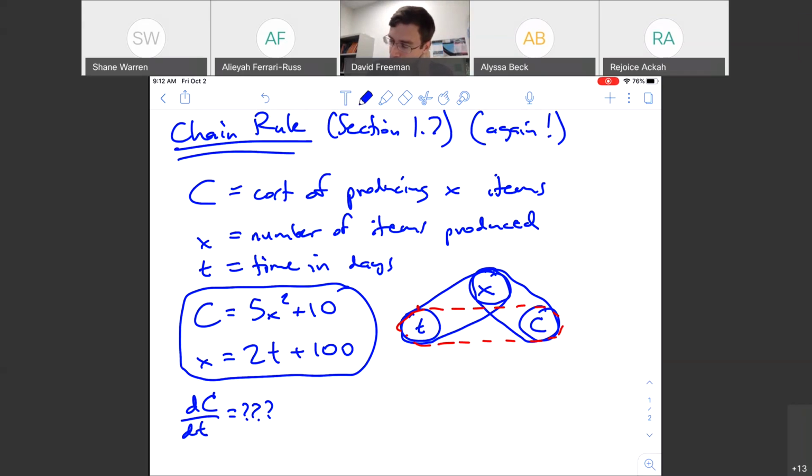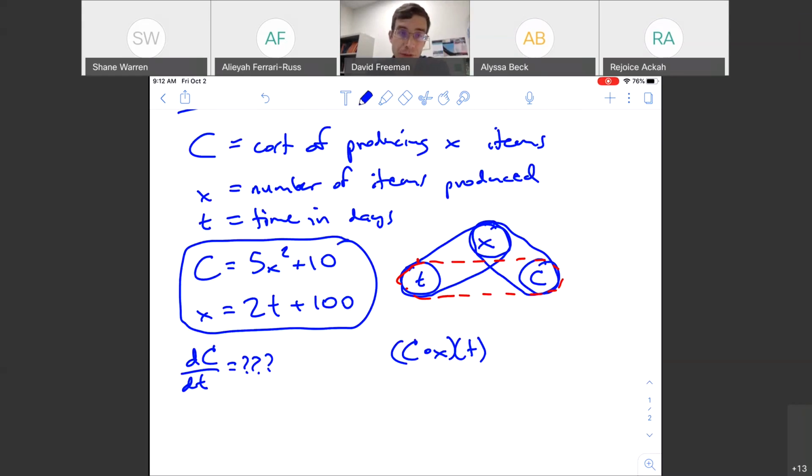Well, what it is, it's C composed with X of T. So one way to solve this problem is to just do the composition. Cost is a function of X and X is a function of T. So if we just compose the two functions, it would look like that.